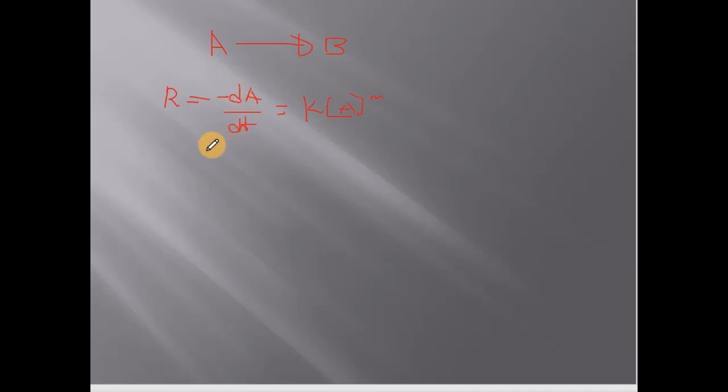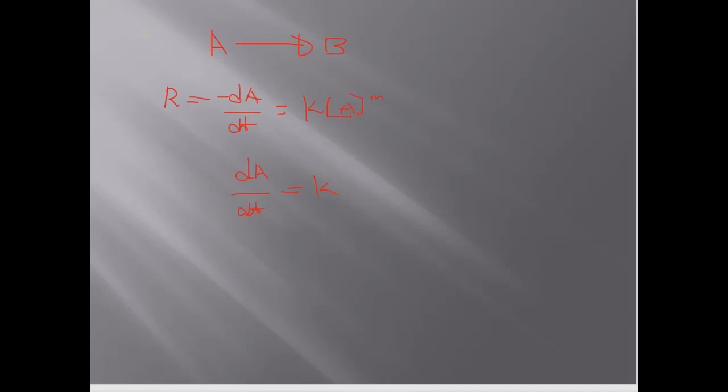So if we want to consider a zeroth order reaction, this expression can be written as dA over dT equal to K. So this is for a zeroth order reaction where the concentration of A has nothing to do with the rate. So in this, the A is what? 1. So we can just ignore this.